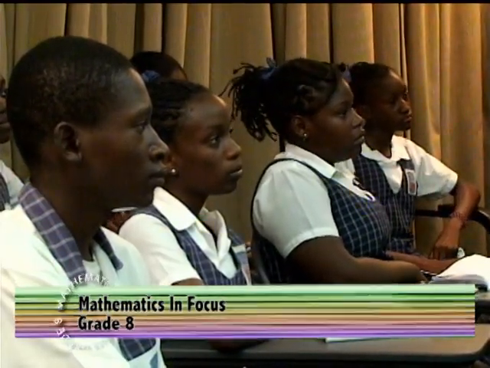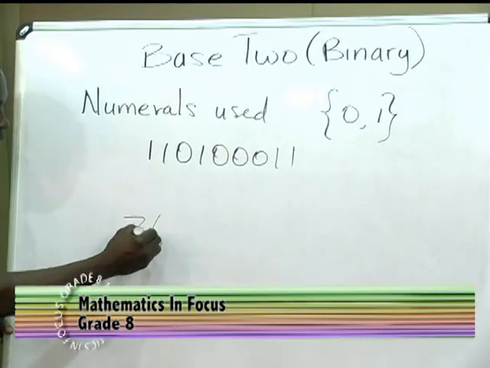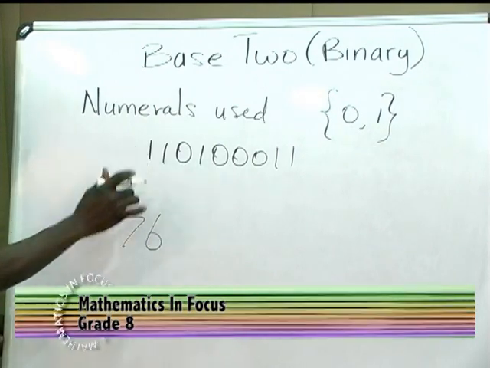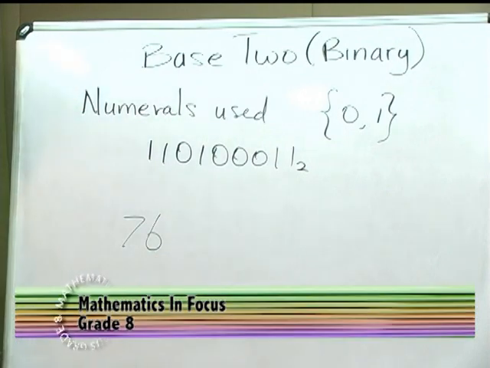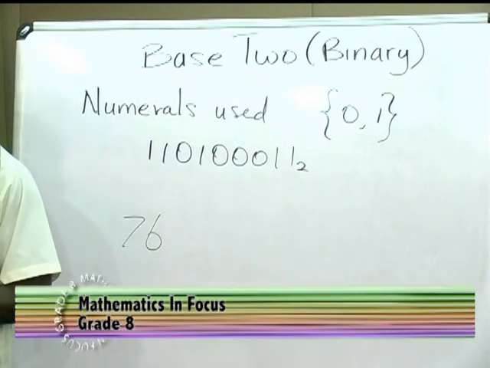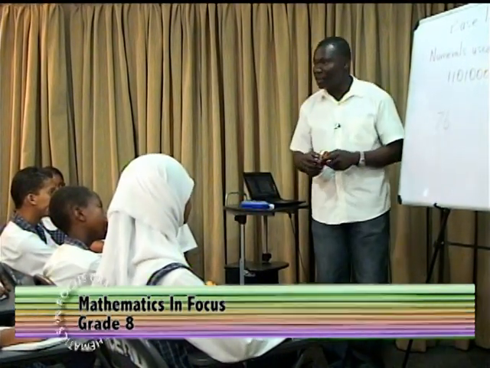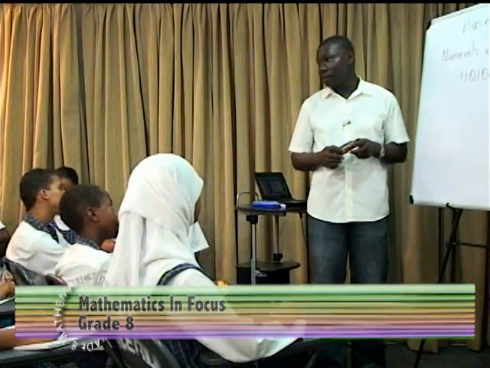But if it is negative, we do. So if it is base 10, so for example, if you have 76, there is no need for a subscript. But if it is any other base, for example, base 2, well then we use the subscript to indicate which base this number is written in. So this number here now, we can say clearly that this is a number written in base 2.